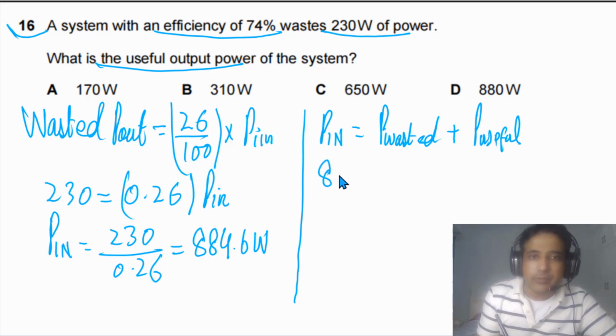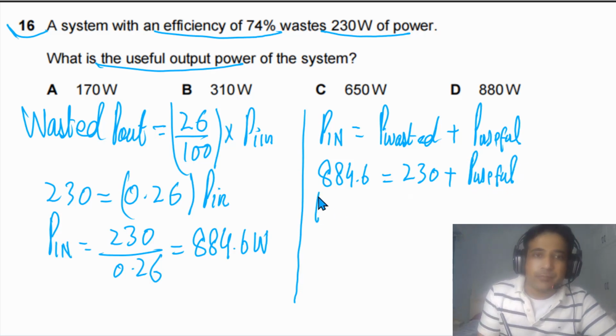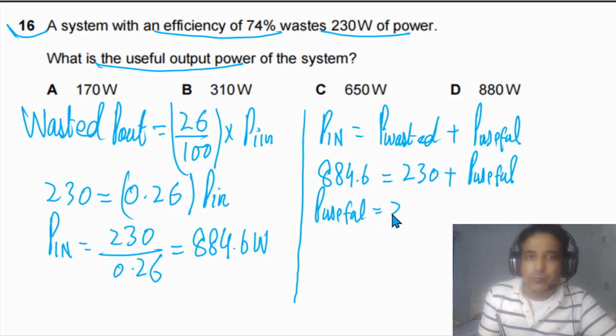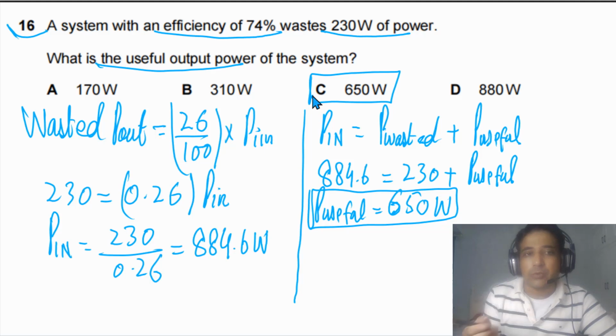So we have in this case 884.6, and P wasted we have 230, and P useful, meaning useful output power, this one will be equal to about 650 watts. So this is our final answer. And so the answer for this question is C. So this is how you can figure it out.